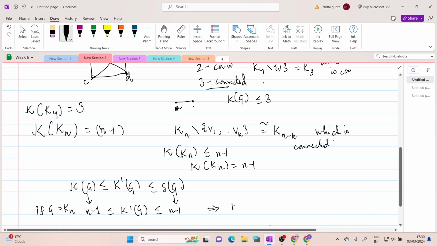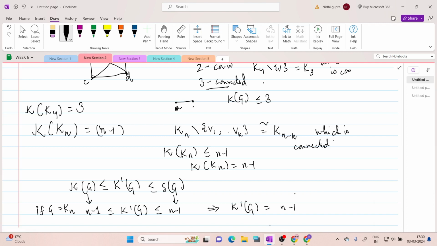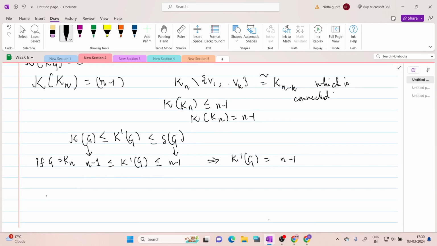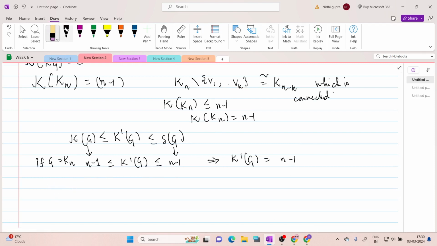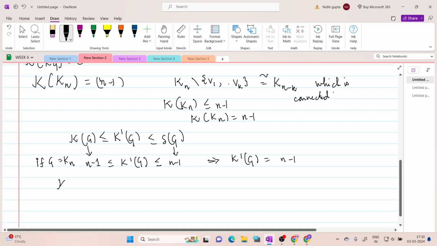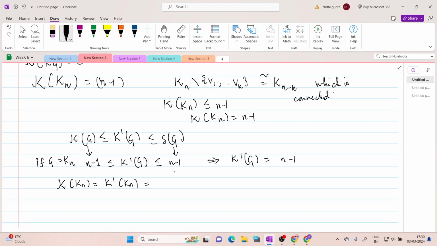Therefore, edge connectivity is n minus 1. So for a complete graph, all these three things come out to be the same, which is just n minus 1.